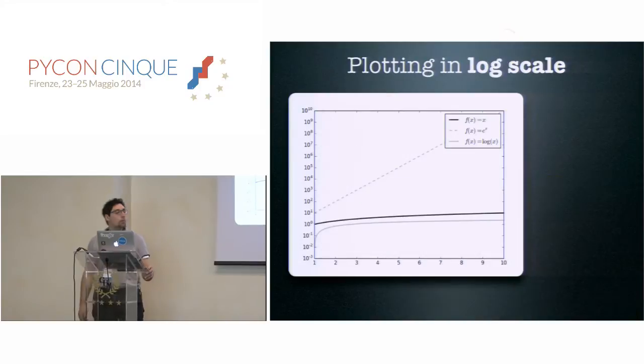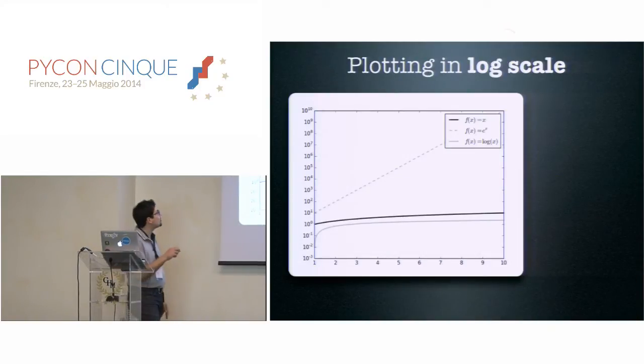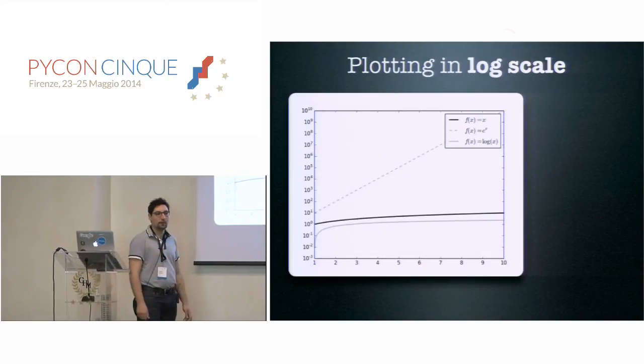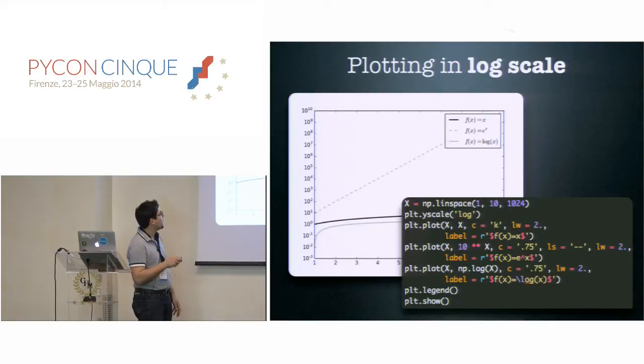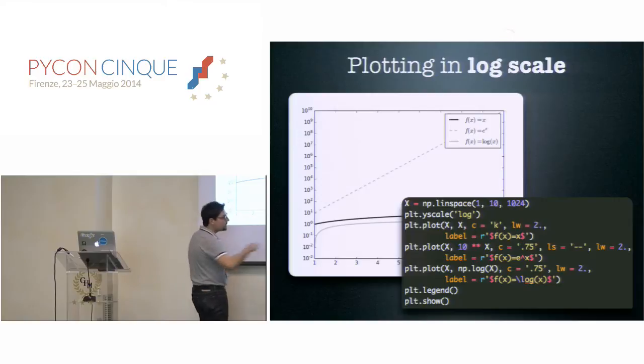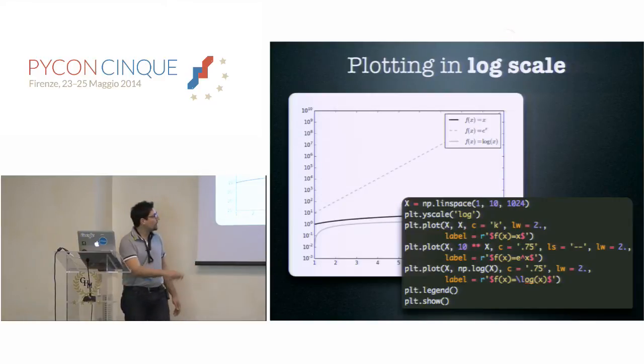Last, but by no means least, we can change the scale of the plot. Okay? So in this case, we may plot the y values in a log scale. And in the same plot, we may show the legend and use different annotations that are automatically generated. We simply call legend.